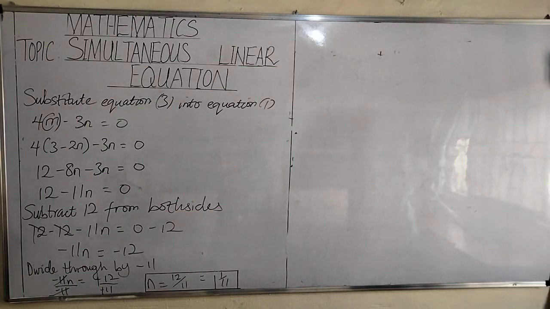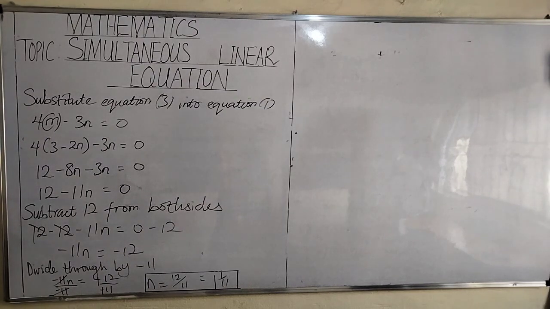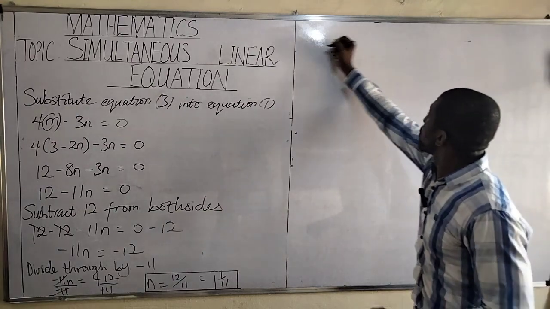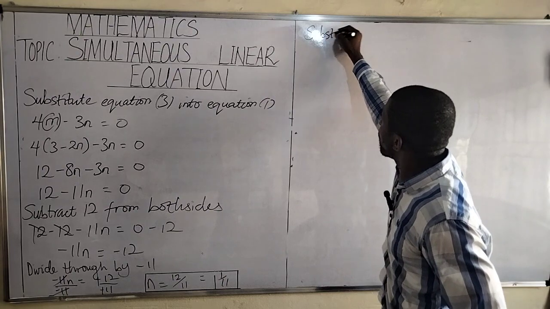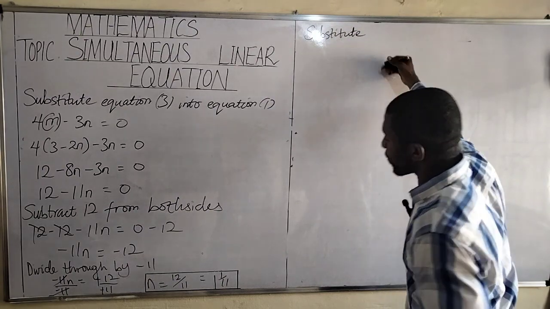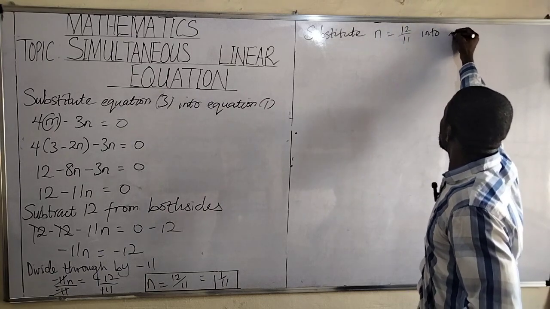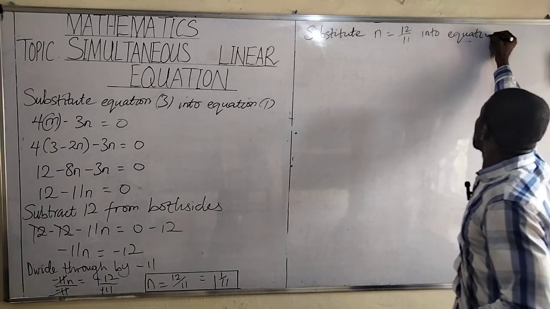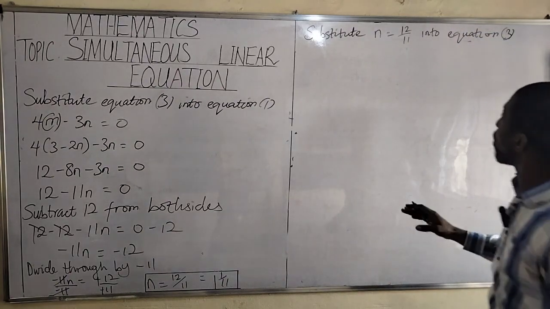Now that we have gotten the value of n, what we are going to do is actually that simple. Remember our equation 3. Just substitute n equal to 12 over 11 into equation 3 if you want to find the value of m.